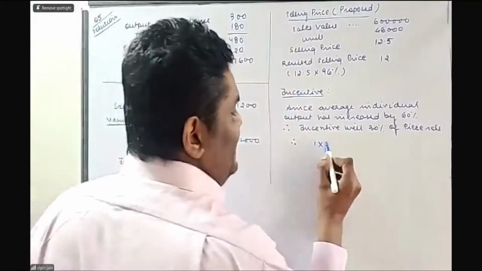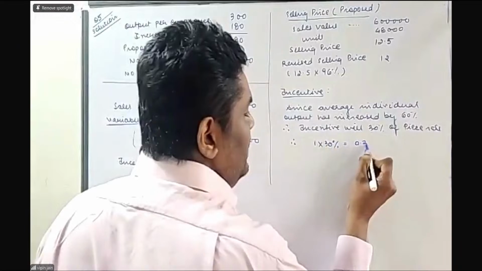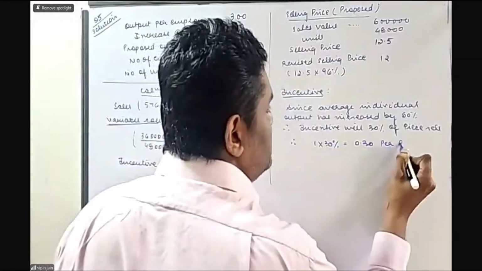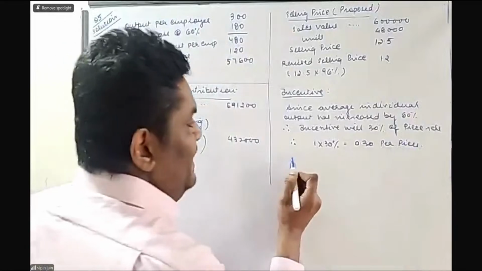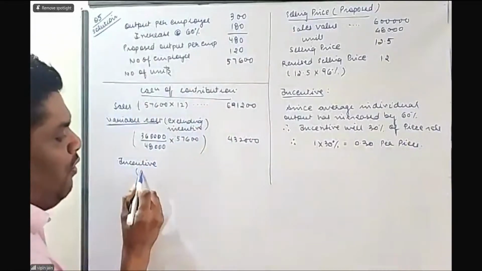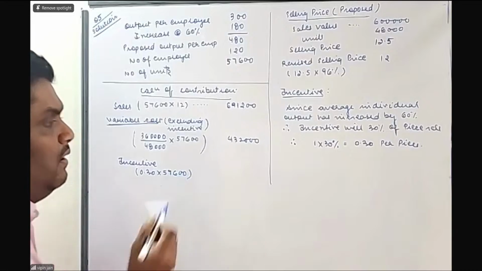So, my incentive will be how much? 1 into 30%, that is 30 paisa per piece. So my incentive will be how much? 30 paisa into 57,600.